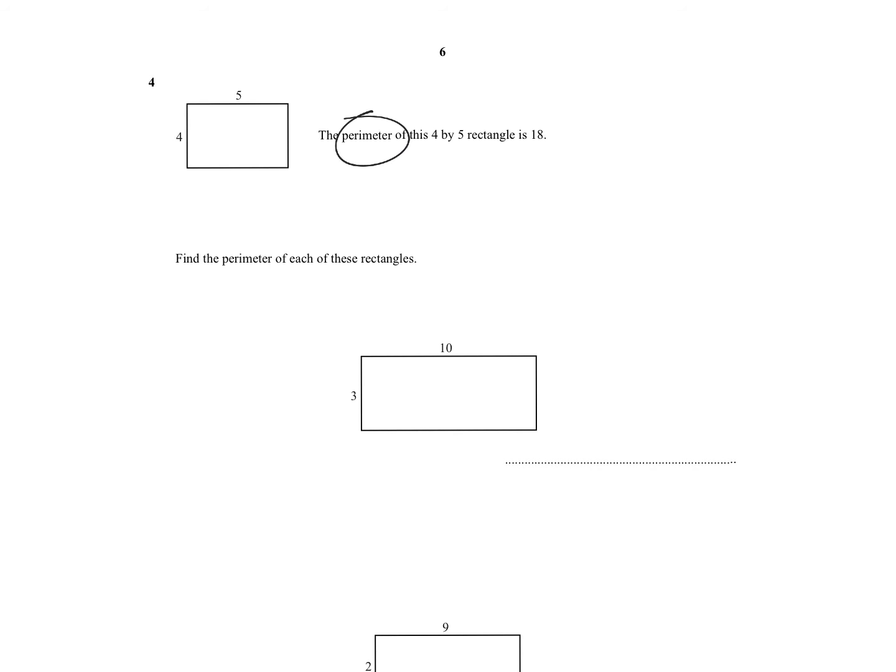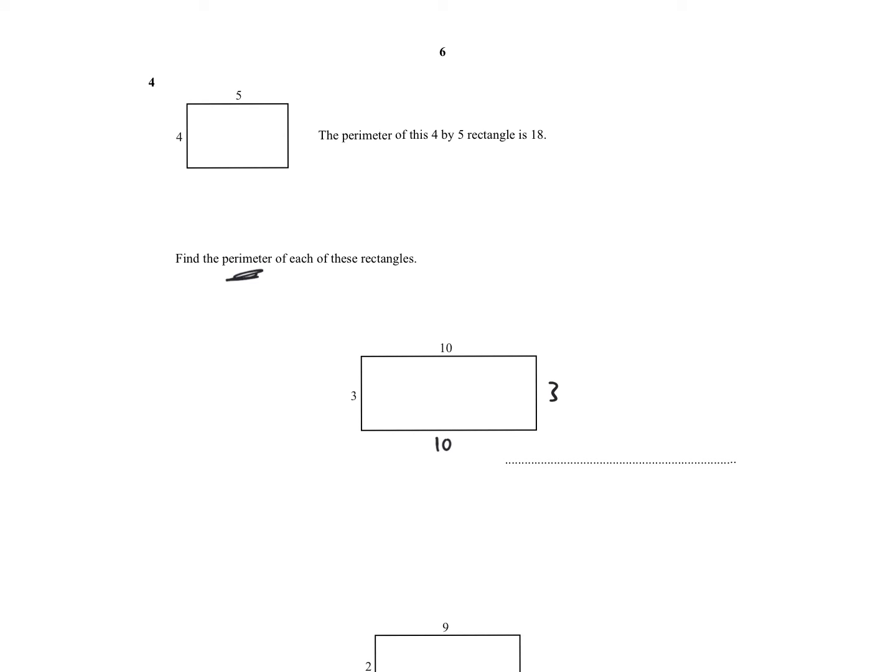But again, it's really important to read instructions and make sure that we recognize that every single question, especially if there's nothing being asked here, this is like an introduction to give you a sense of what's coming up and what kind of framework you should be using for interpreting. Specifically, perimeter. And so they're telling you the perimeter of this rectangle because they're priming you for the next question, right? Not that you can't find the perimeter of the 4 by 5 rectangle, but it's important for you to be able to pay attention to those things.